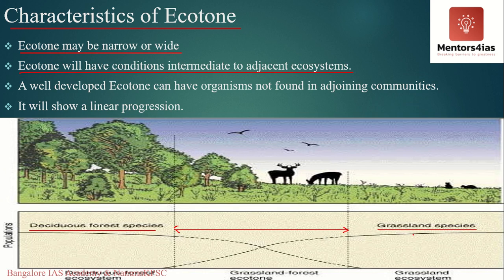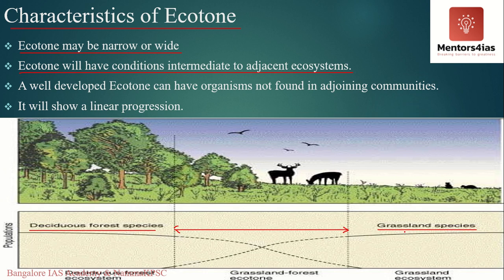So in the transition zone between the deciduous forest and the grassland, you will have moderate rainfall, you might have moderate temperature, the climate will be moderate. So it will be between the two extremities of the adjoining ecosystems, and therefore we say the conditions found in the transition zone will always be intermediate to the adjoining ecosystems, and therefore they are always moderate.